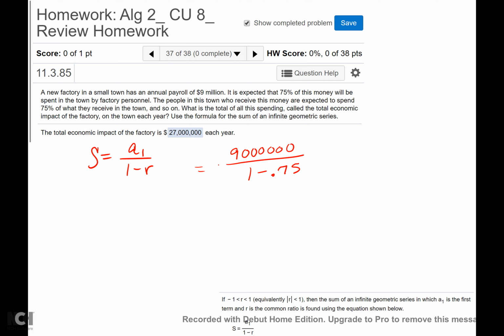If they're going to spend 75% of that money, so the common ratio is 75.